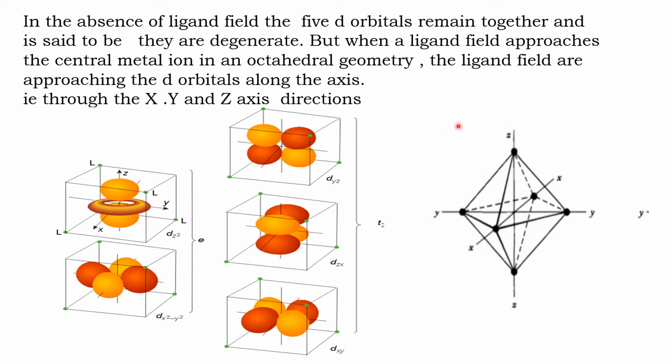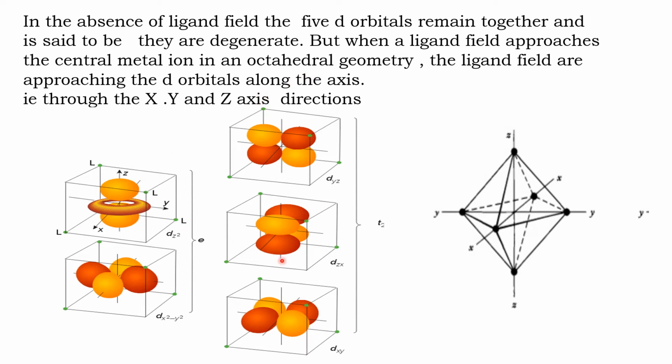So when electron density comes along the x-axis, this orbital undergoes minor repulsion compared to these two orbitals. So when the ligand produces a field and the ligand field is approaching the d orbitals of the central metal ion, the central metal ion having 5 d orbitals undergoes splitting.